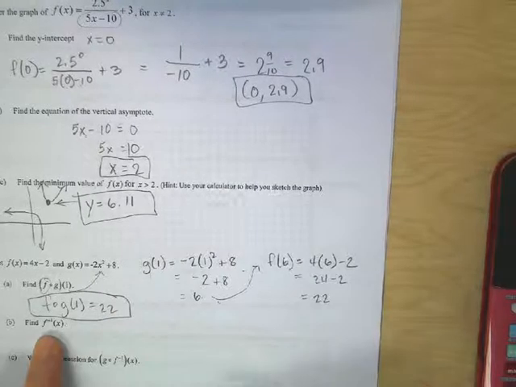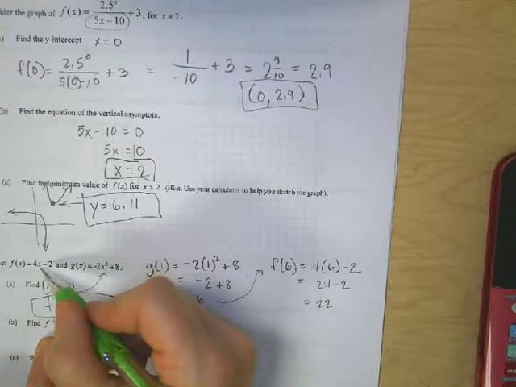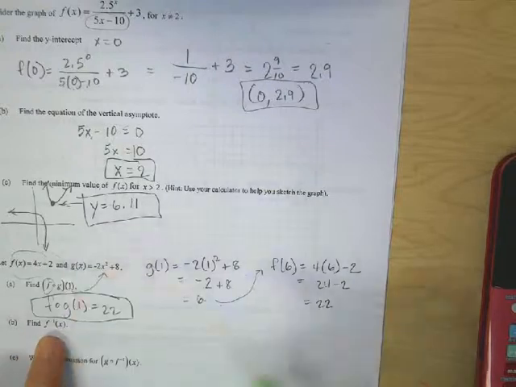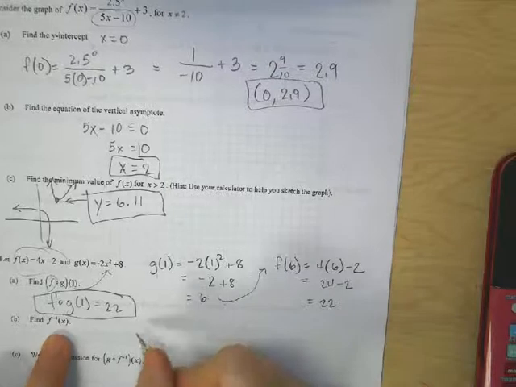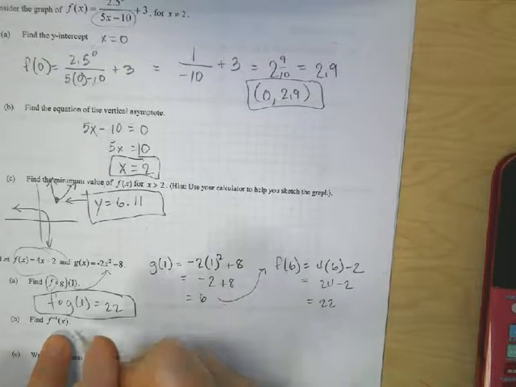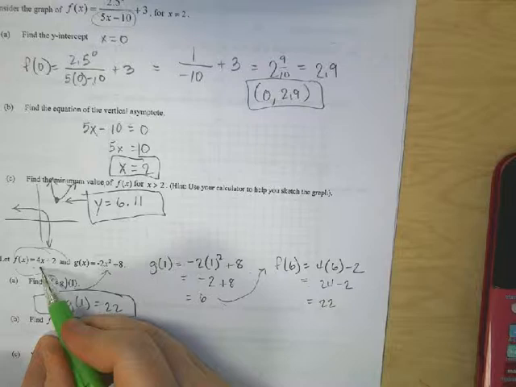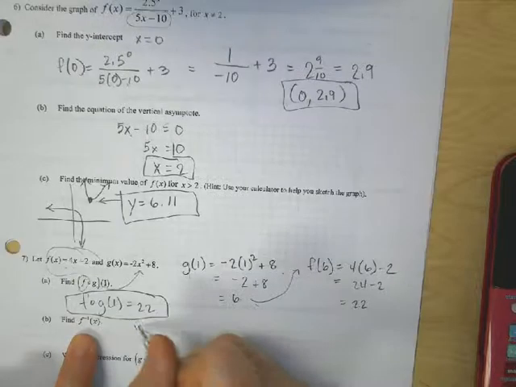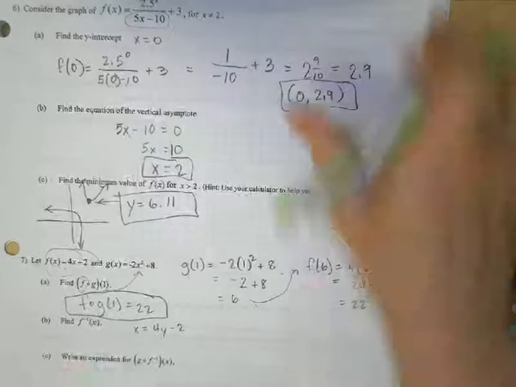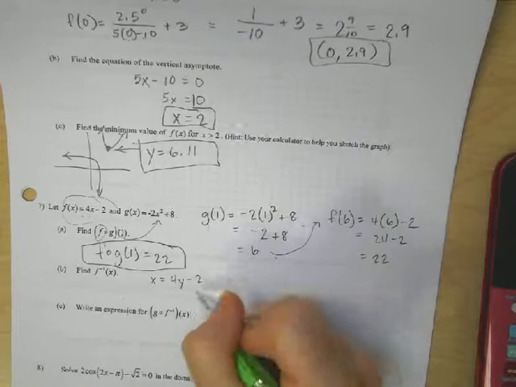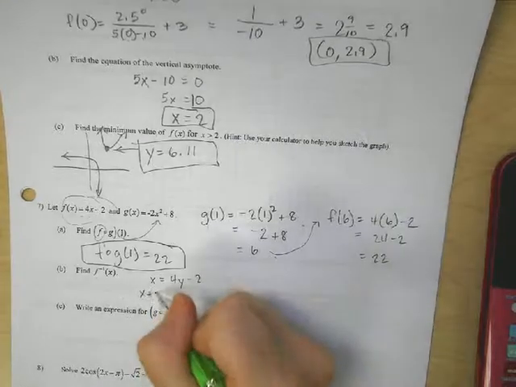Okay, inverse function. So I'm going to take this function. When I do the inverse, I'm swapping the x's and the y's. Swap the x's and the y's for an inverse function. So instead of y equals 4x minus 2, I'm going to say x equals 4y minus 2, and now I'm going to solve it to get the y by itself. So I add 2 to both sides, so I get x plus 2 is equal to 4y.